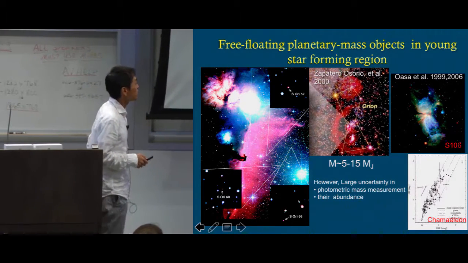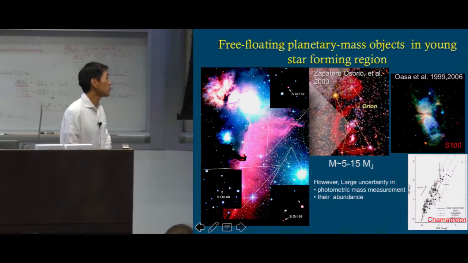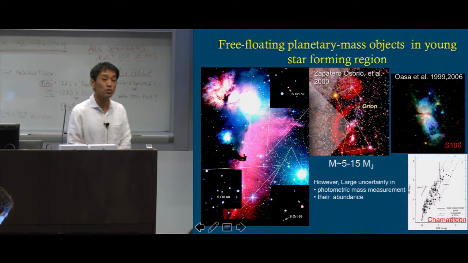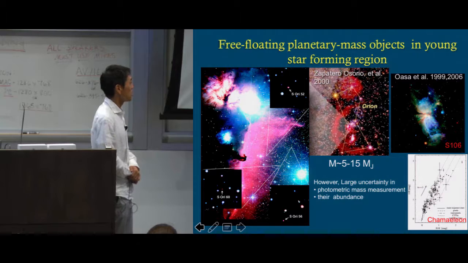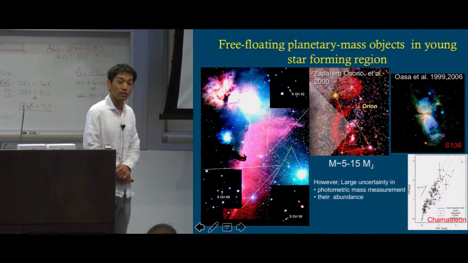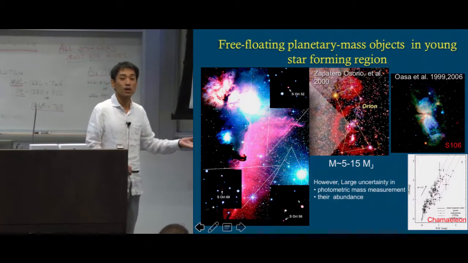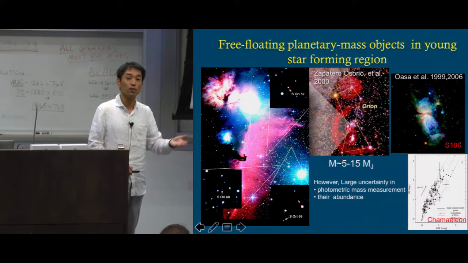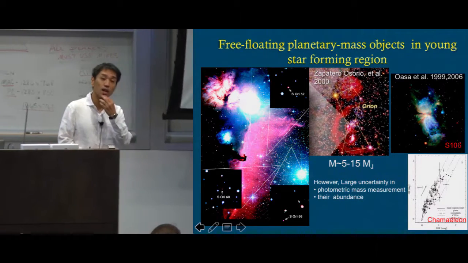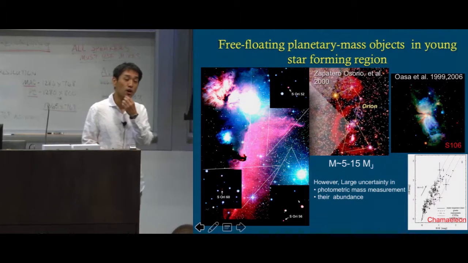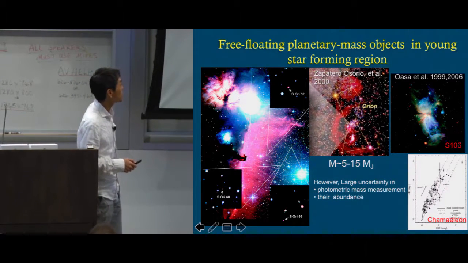They estimated the mass of such objects to be between 5 and 15 Jupiter masses. But there is a large uncertainty in such photometric mass measurement and in their abundance, because that relies on their estimated age and the theory of the formation of such objects. And it is not possible to measure such objects in the field, rather than in this kind of young star-forming region.